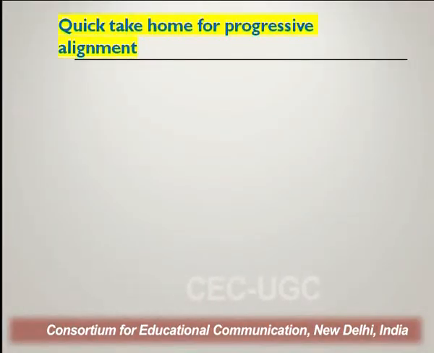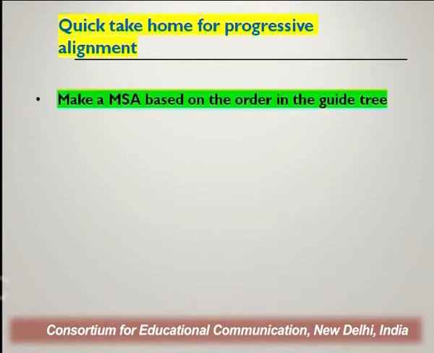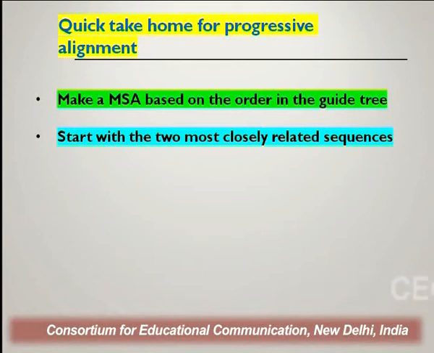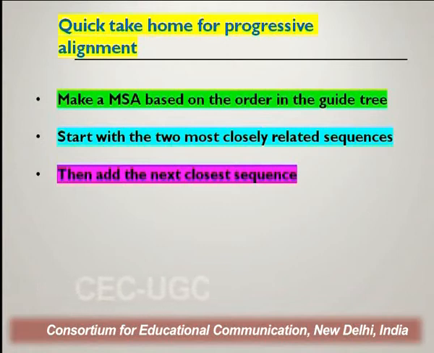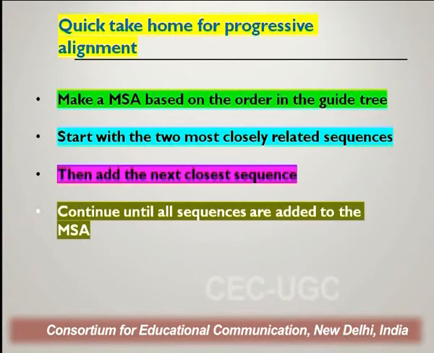So a quick take home for progressive alignment is that we make an MSA based on the order in the guide tree, and we start with the two most closely related sequences and then add the next closest sequence and continue until all sequences are added to the MSA.